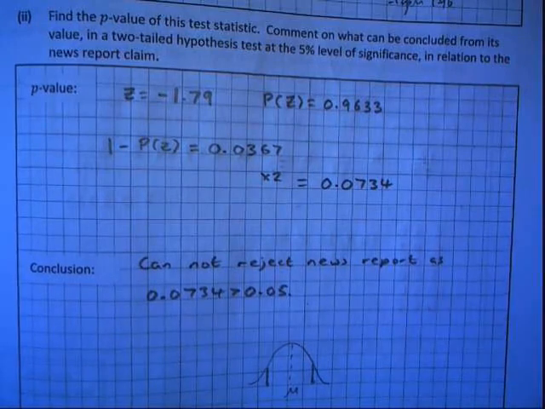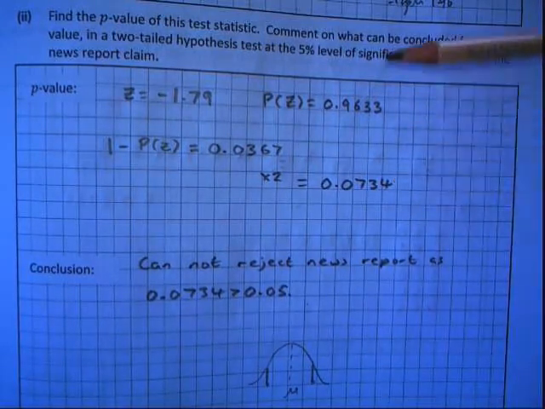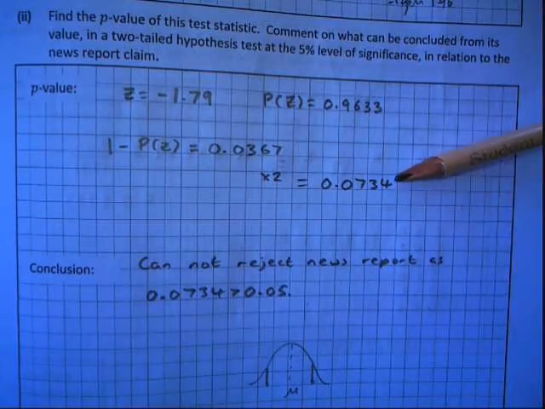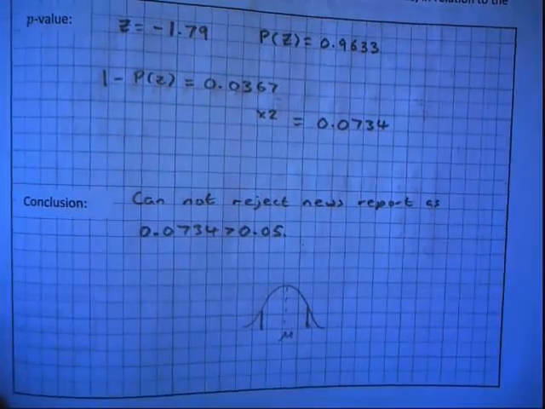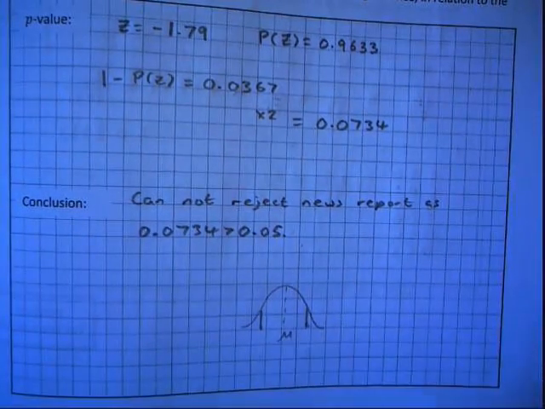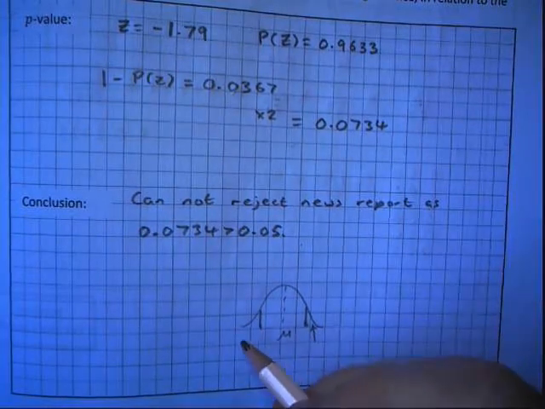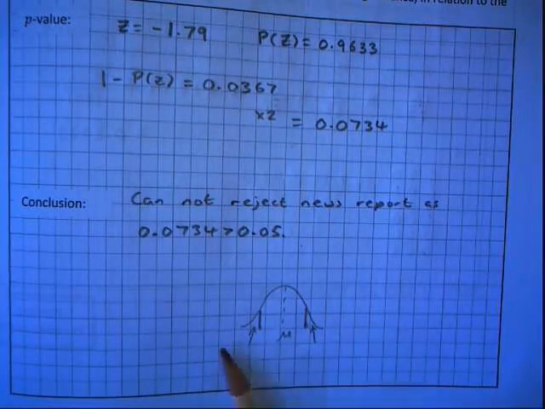and you're done. Now, for this one, we can make conclusions as well, just like we could from the 1.96. But for this one, we're comparing it to 5%. So let's just have a little look. Now, if you're far away from the average, then you would be in this side or you would be in this side, which is 5%. That's how it's set up.